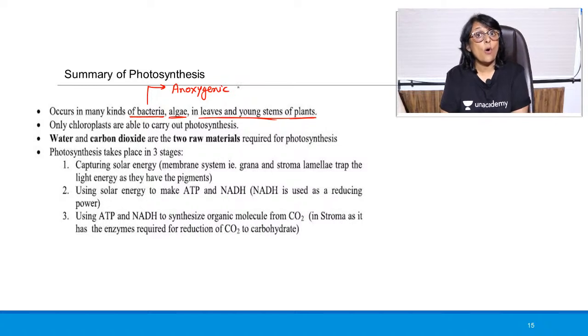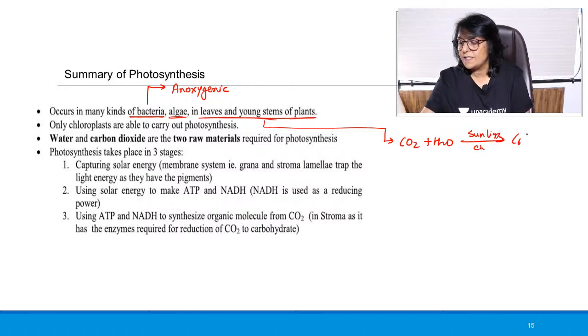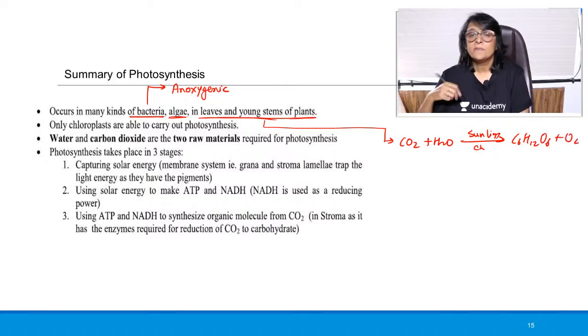There is no oxygen released. We will take that reaction, but let us talk about this first because this is the one which we are aware of. Carbon dioxide and water in presence of sunlight and chlorophyll give us C6H12O6 plus O2. Not balanced, but this is the reaction.